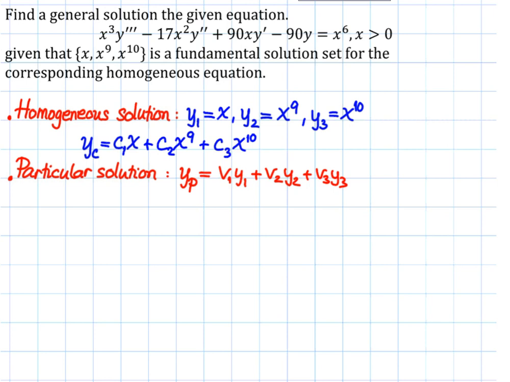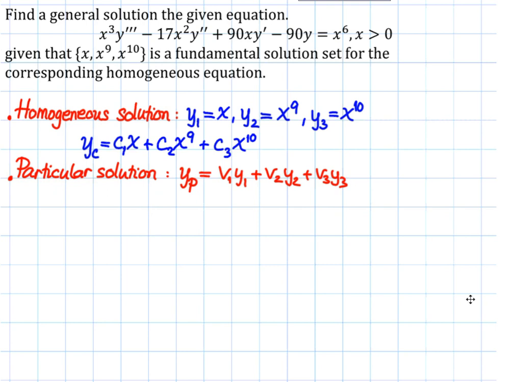And then V1', V2', V3' will be found from a system of equations. Let me just write that real quick. So the system of equations that we're going to have, we're going to solve for V1, V2, and V3. This is a long problem, so we skip that step.